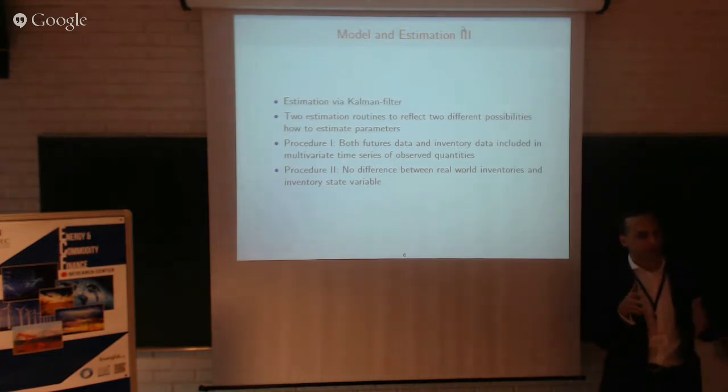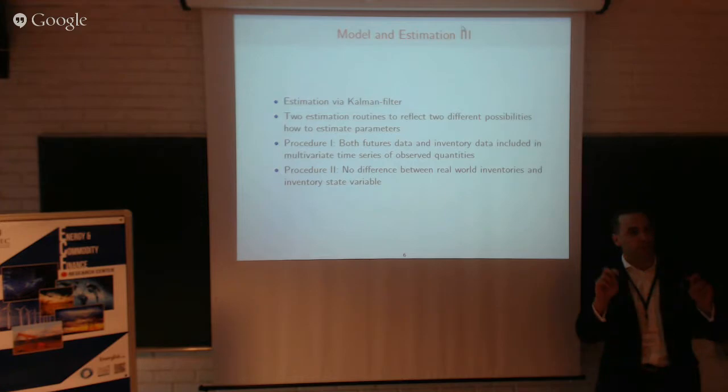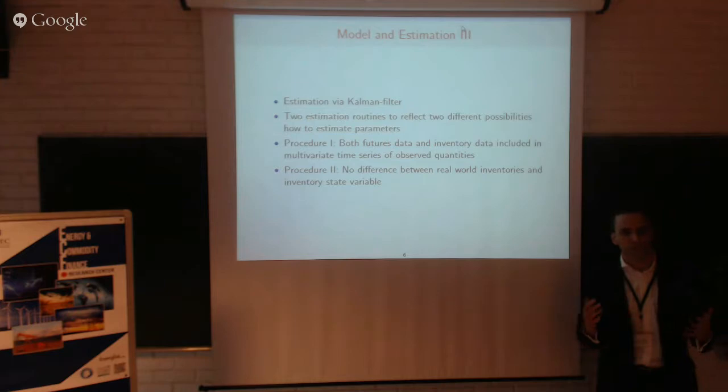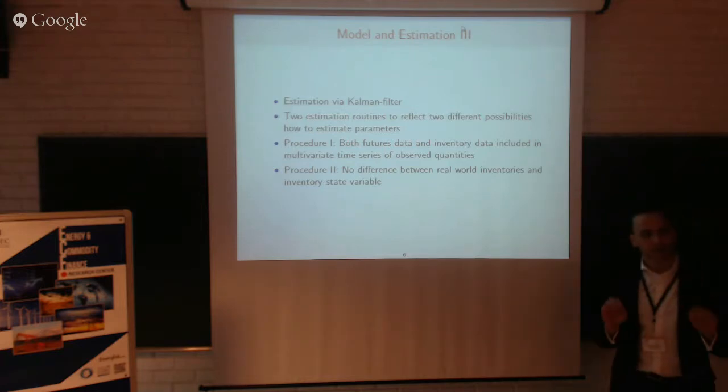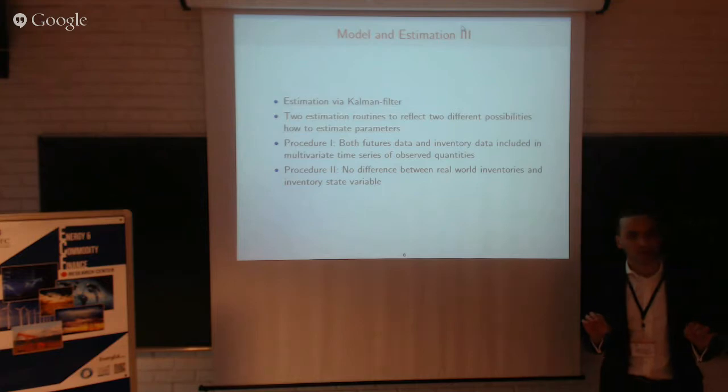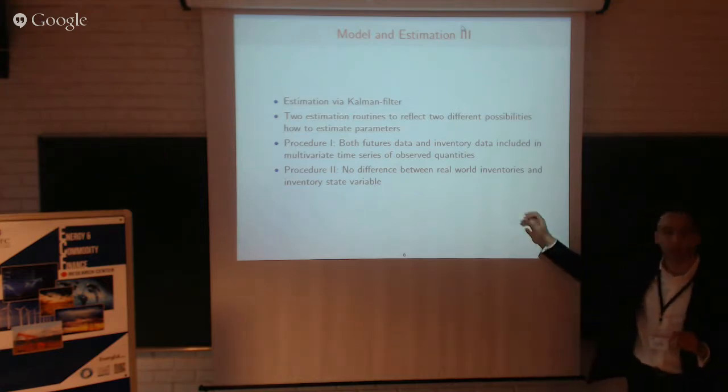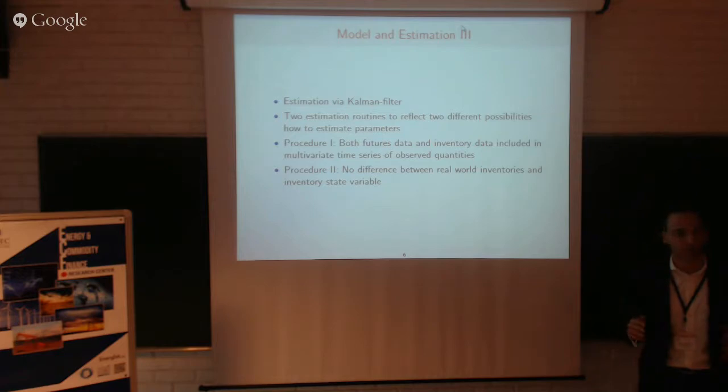We will allow for an error in the inventory data, so that the observed inventory data might not reflect the real world inventory, but that the real world inventory might have an error to the true inventory state variable that the Kalman filter will estimate. In procedure 2, we will not allow for this error, but we will use the inventory data directly for the Ornstein-Uhlenbeck process, and we'll fit it directly with this inventory data.